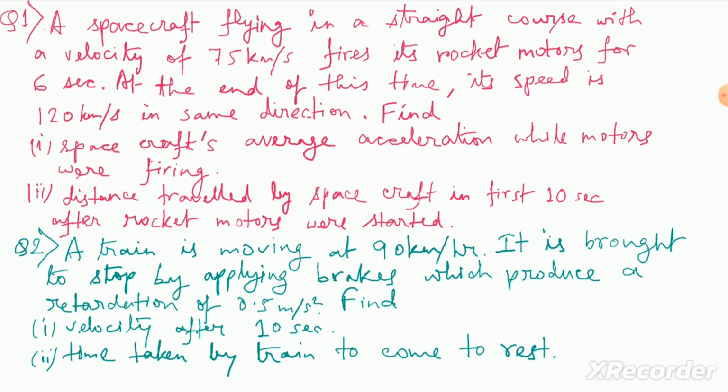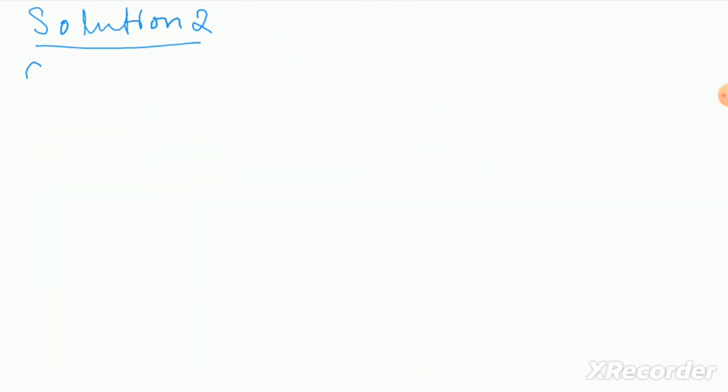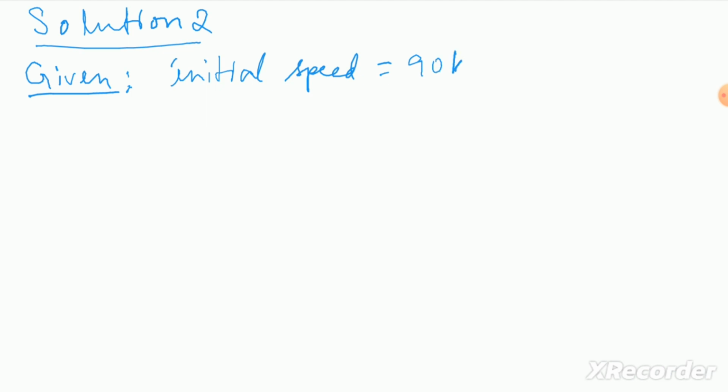Again, you must first note down the given facts. So given is initial speed, 90 km per hour. Initial speed is denoted by the letter u.